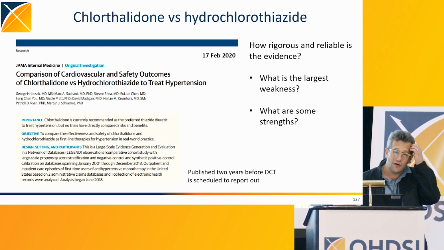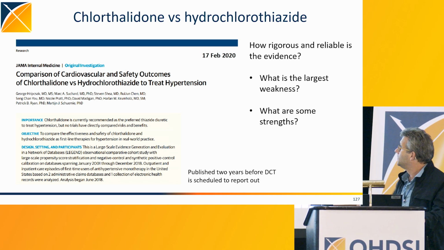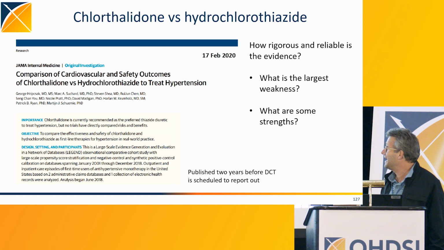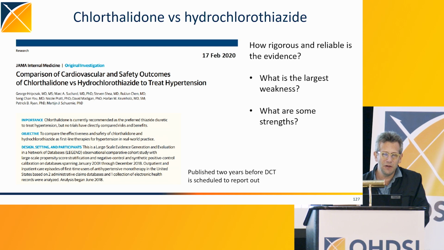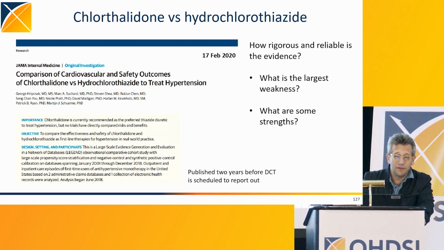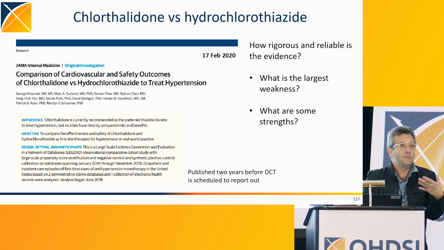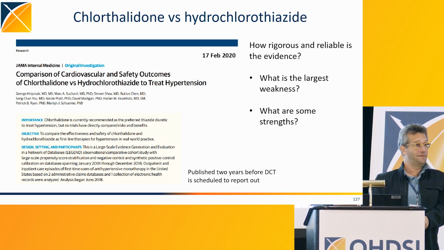Well, I think George did a very good job of highlighting some of the strengths right in the design, setting and participants. So in this case, you don't even have to get much further than the abstract. And one of the big strengths here is, although it's an observational comparative study, there was large-scale propensity score modeling, which I talked about yesterday, for handling not only measured confounding, but indirectly measured or unmeasured confounding.